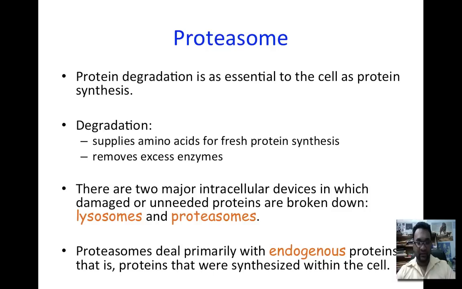That is something different, all right? Now, I should just point out that proteasomes are solely involved in protein degradation. Lysosomes are involved in protein degradation, but they also degrade other biological molecules such as lipids and nucleic acids. All right, as we saw before, they are the cleanup crew of the cell.